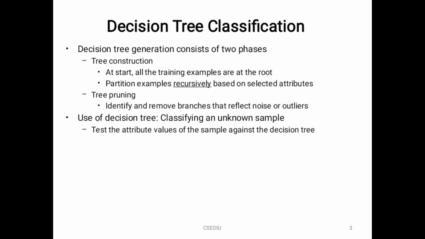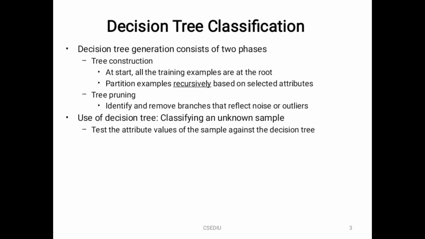Then is tree pruning. Once the decision tree is constructed, pruning is performed on the tree structure. The main goal of pruning is to identify and remove branches like noise, outliers, or overfitting of specific patterns.